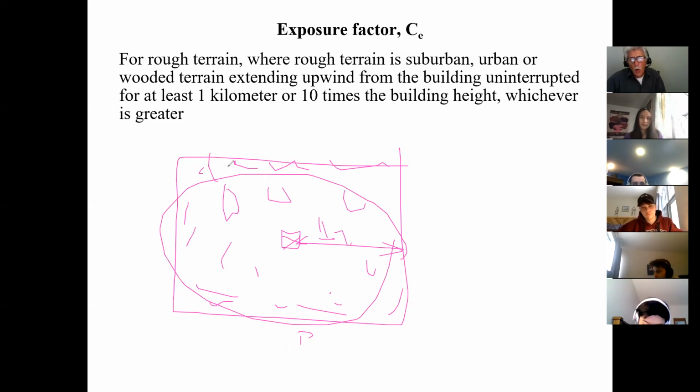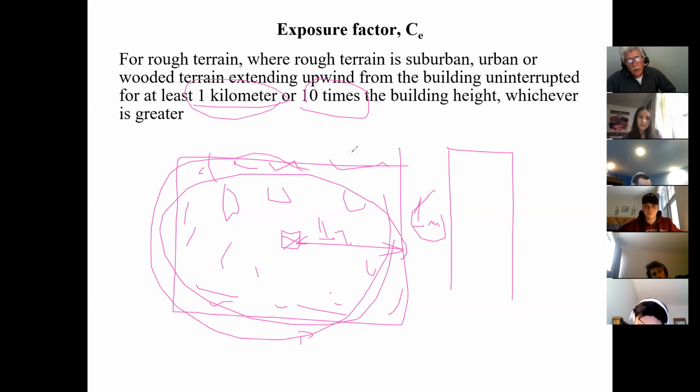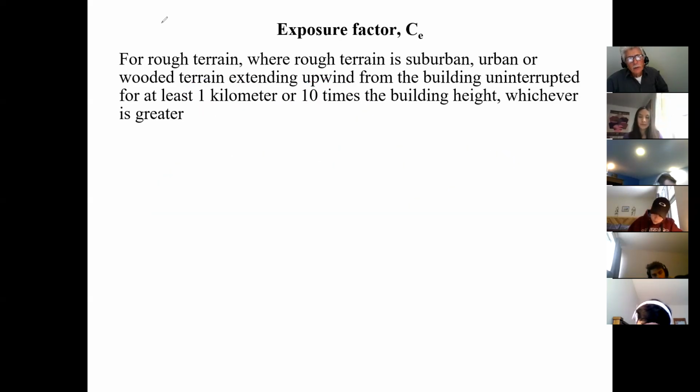Or, for example, if this building happens to be 1 kilometer high, it has to be 10 times that. So it all depends on the height, which is very rare. For a low building, you have to make sure that all around it you have at least 1 kilometer of scattered buildings or obstructions that let you consider it rough terrain, whereby the wind can slow down a bit and will reduce the pressures on your building. So that's what they mean here.